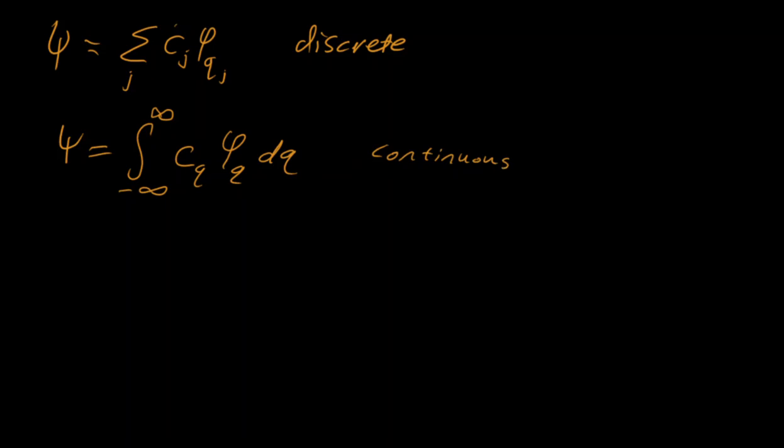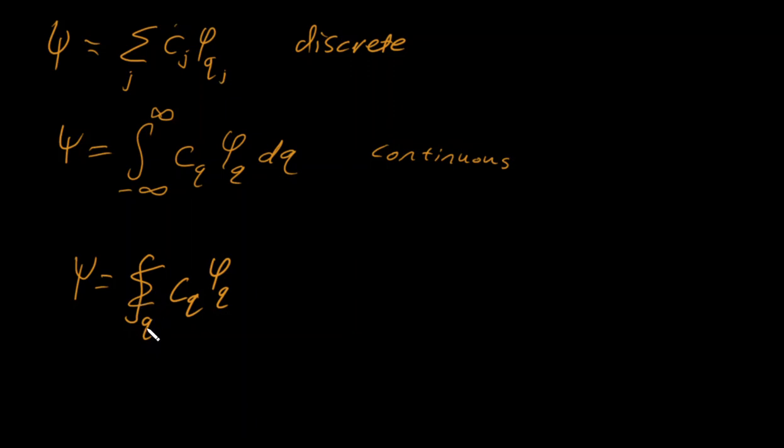Now I'm going to introduce a new notation. This notation is shorthand. It doesn't really mean anything mathematically. But what I'll write is that psi is this sum-integral over q of c sub q phi sub q. What this means is that it's a superposition. This is the most general way to write it, because it can be a discrete superposition or a continuous superposition.